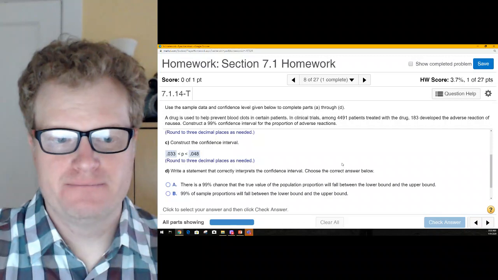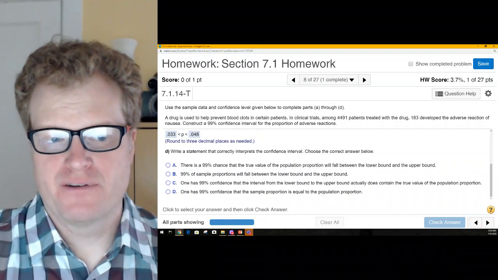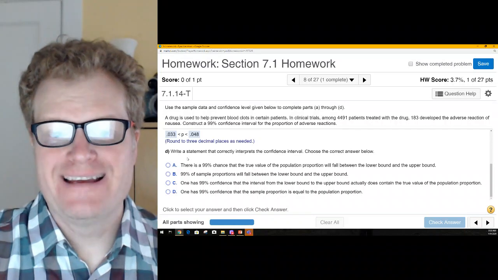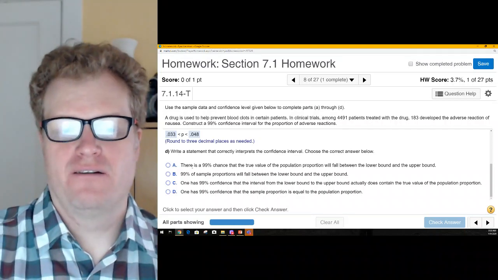And then that's it. So now here's the statement that we really want to get after. We want to write a statement that correctly interprets the confidence interval. Remember, it talks about the repeatability of this experiment.